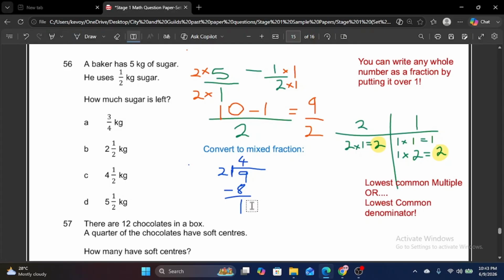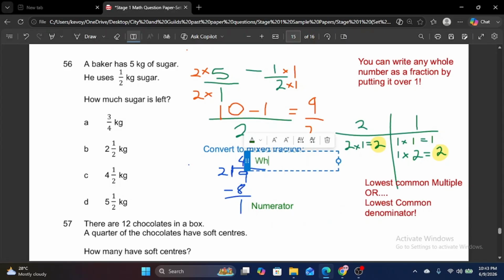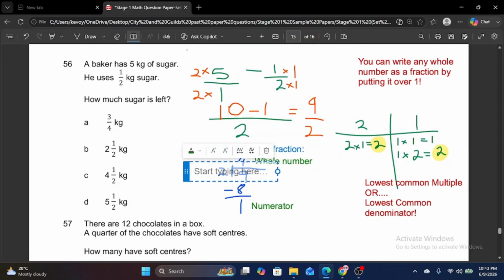We know that this is the numerator, this is the whole number, and this is the denominator.